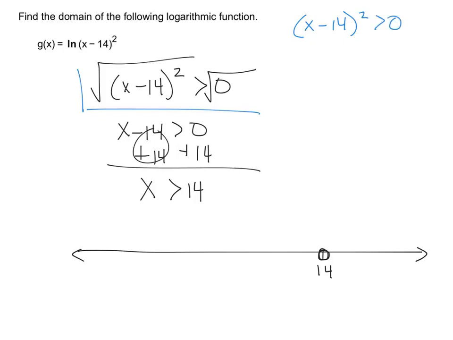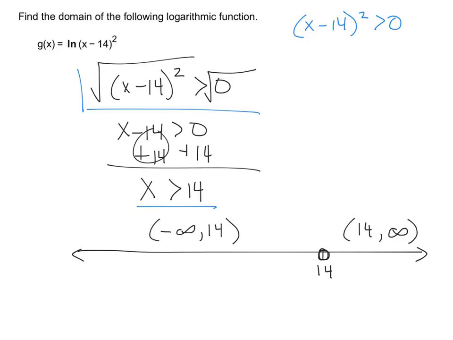That's the inequality that I'm checking. So if I look at my number line, I plotted 14, and notice that I have an open circle. That means that 14 is not going to be included in the set because it has to be greater than 14. My first interval is negative infinity to 14, and my second interval is 14 to positive infinity.